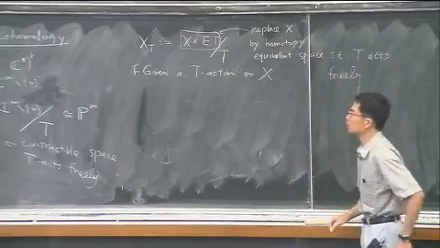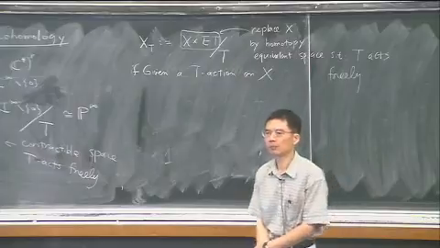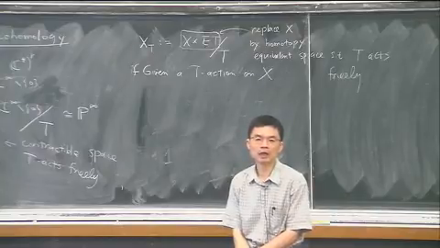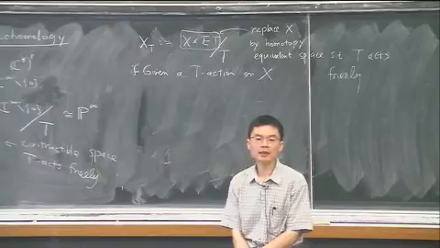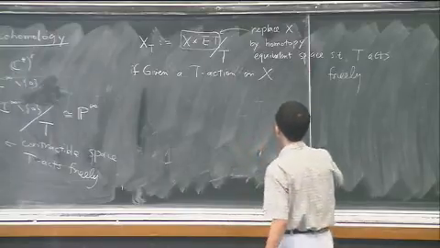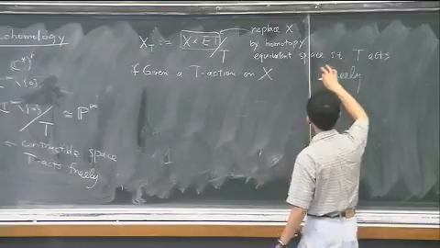X cross ET, well, ET is basically topologically a point, so if I do X cross ET, I don't change anything about the topology of X. But T acts on X, not necessarily freely, and so I replace that by an equivalent space on which T acts freely.